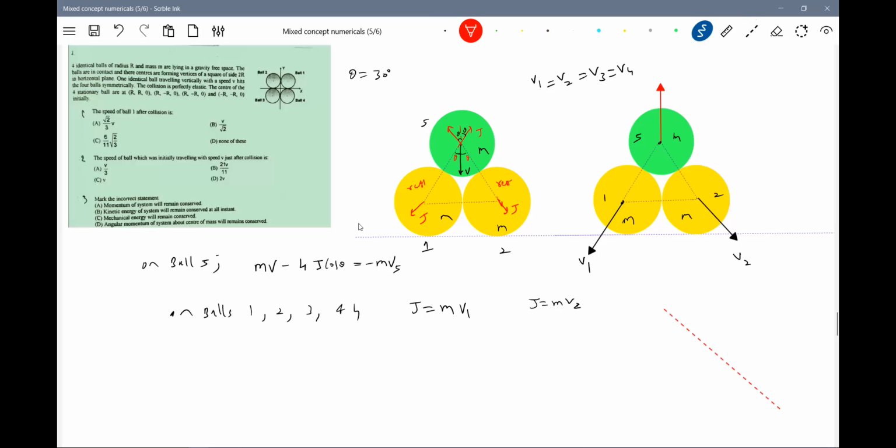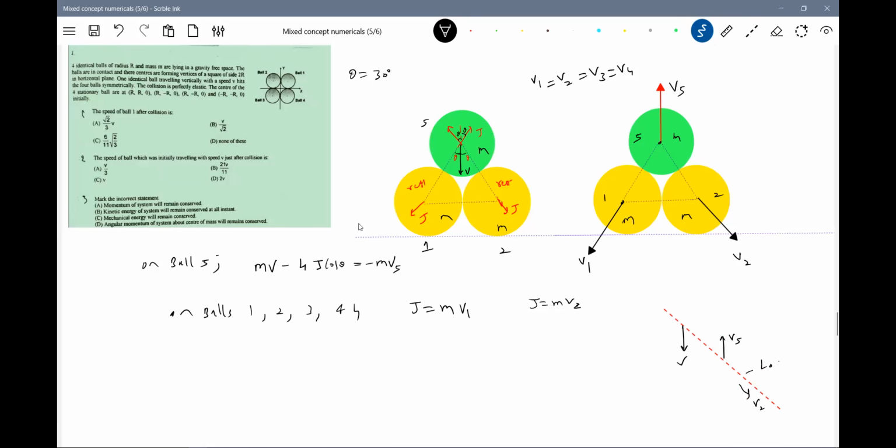This will be the velocity of ball 5 before collision. It was V. After collision, it has become V5. And that of ball 2, I am writing, the diagram which I drew now.